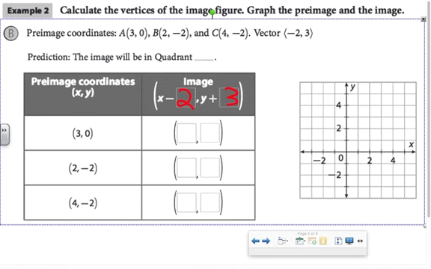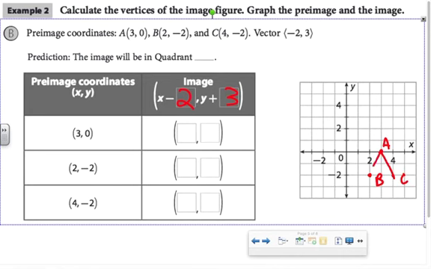Now it's asking us, before we plot it, to make a prediction of what quadrant this figure will be in. So let's start by plotting the original figure, the pre-image. A is located at 3, 0. B is located at 2, -2. And C at 4, -2.